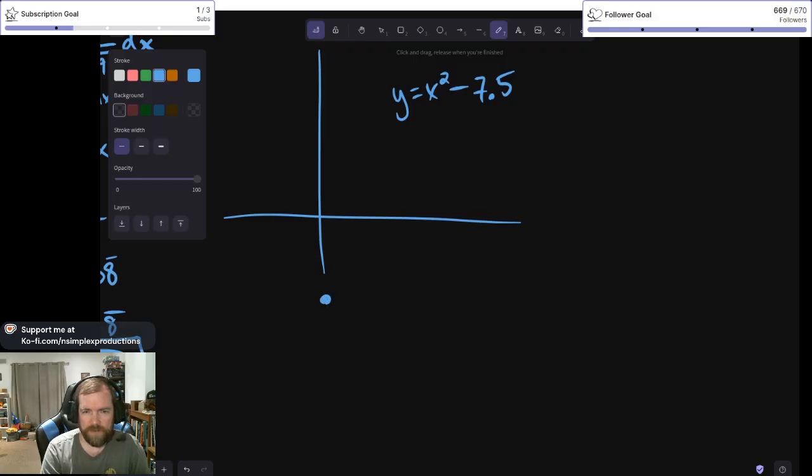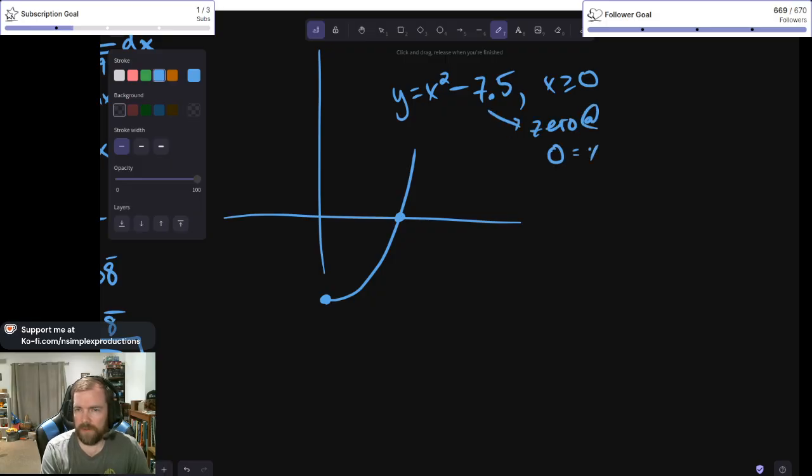Right, where is y equal to 0? It's when x squared is equal to 7.5, and x is greater than or equal to 0. So 0 equals x squared minus 7.5, so 7.5 equals x squared. Therefore x is equal to root 7.5. Okay, this is going to work.